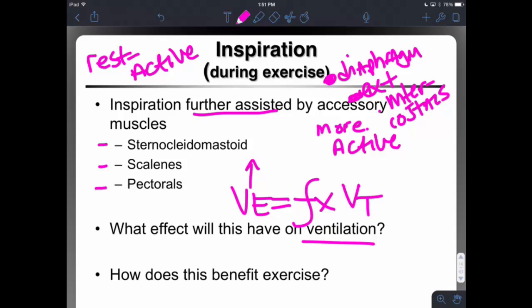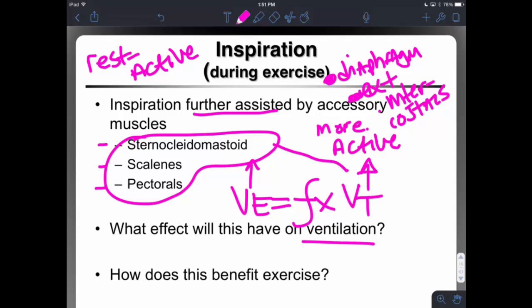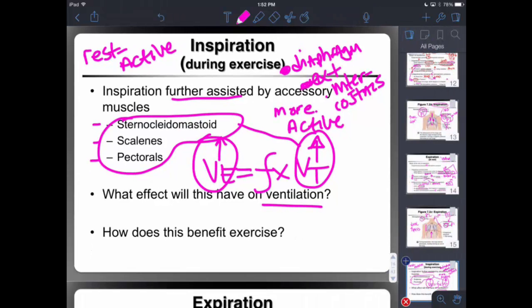In terms of inspiration, these additional accessory muscles allow you to inspire greater volumes of air, and with a greater tidal volume, you're going to have a greater ventilation. So let me just show you what that looks like.